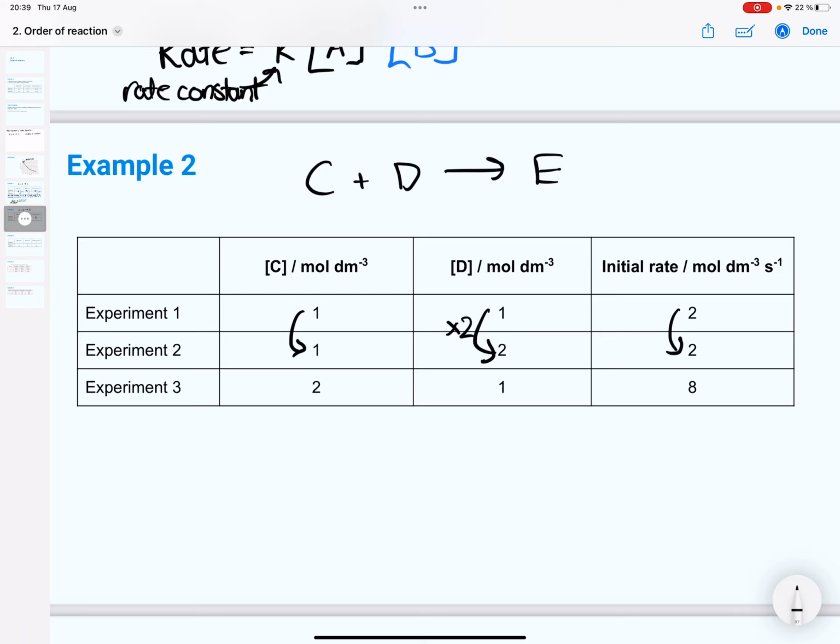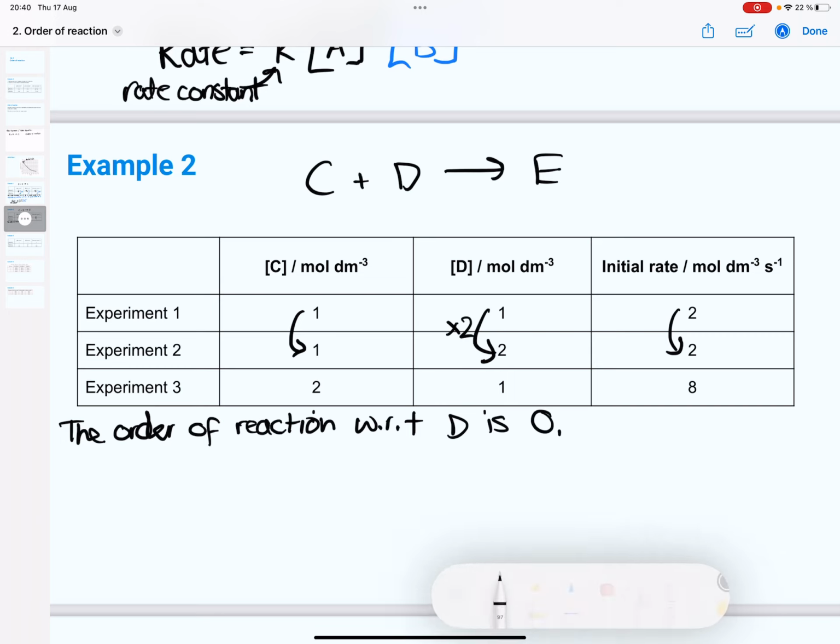There is no increase. So, increasing the concentration of D does not increase the initial rate. So the order of reaction with respect to D is 0. No impact.